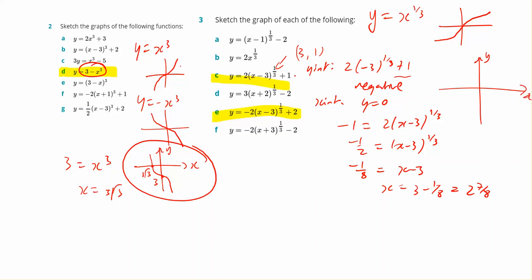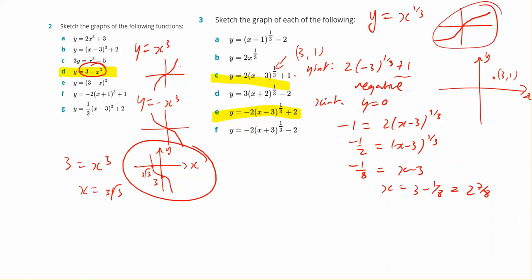Now the book won't teach you how to get the x and y intercept, so make sure you learn it. Okay, so the SPOI is at 3, 1, somewhere over here, and it's a positive inverse graph, looks like this.